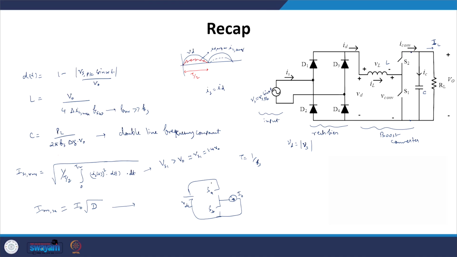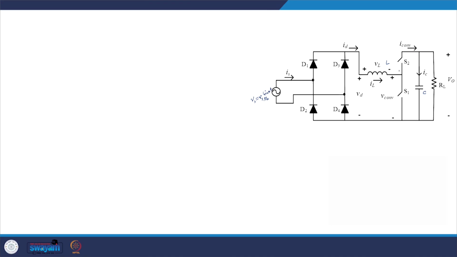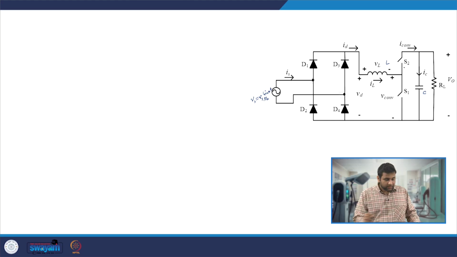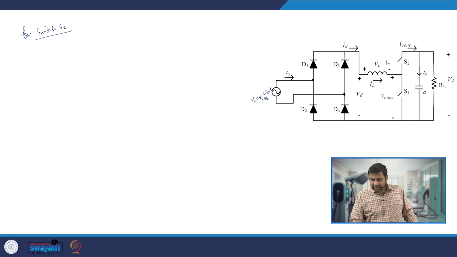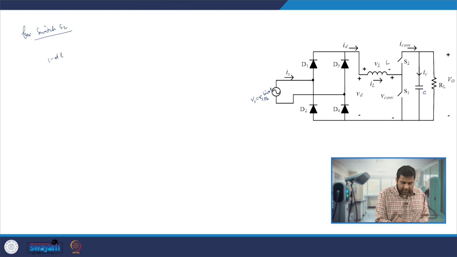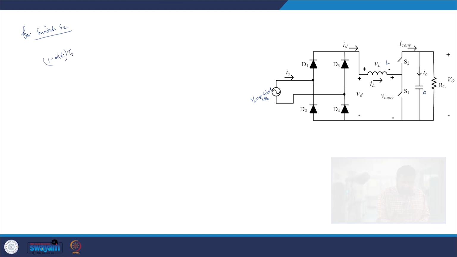Now let us further see our discussion related to switch S2. In the same line as S1, this switch S2 conducts only during 1 minus d times Ts duration, where Ts is the switching period.